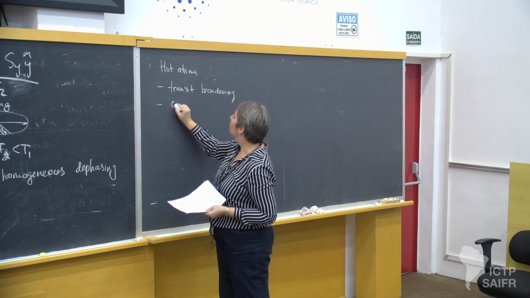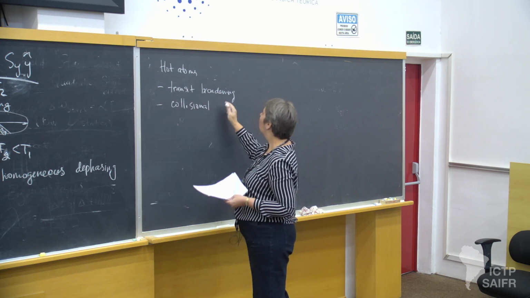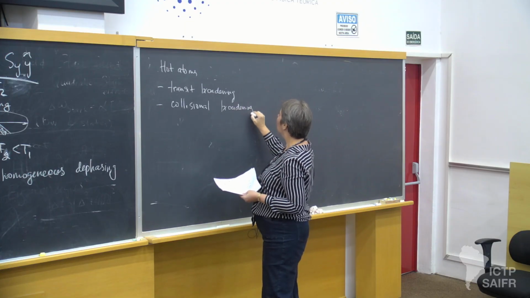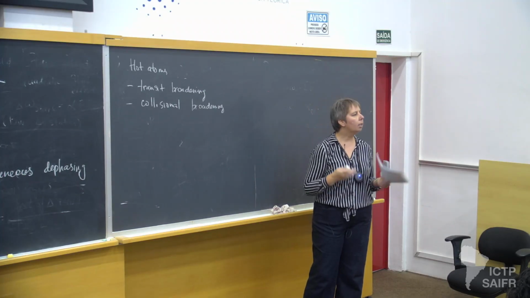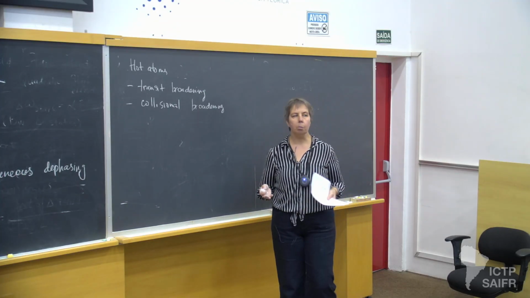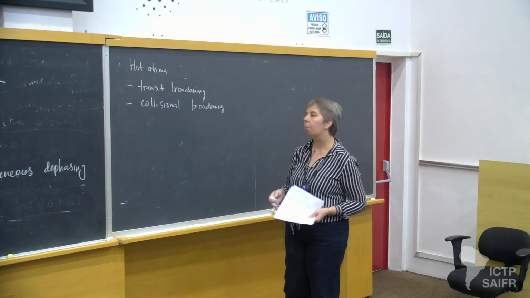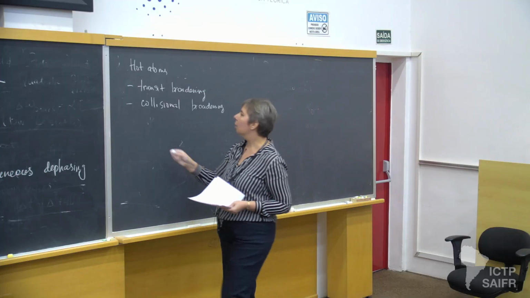Another one is collisional broadening. That usually refers to when you have your atoms and they collide with something. I think it's not such a big effect with the cold atoms because you usually don't have a lot of stuff in the system. But you can imagine that colliding with some different species can certainly affect things.